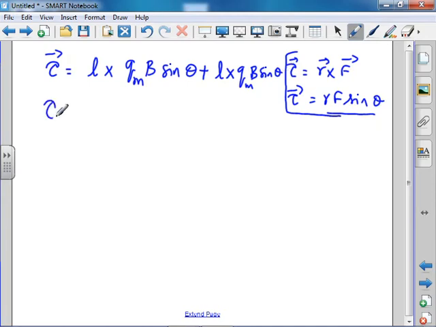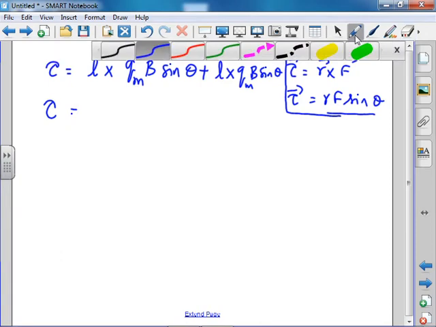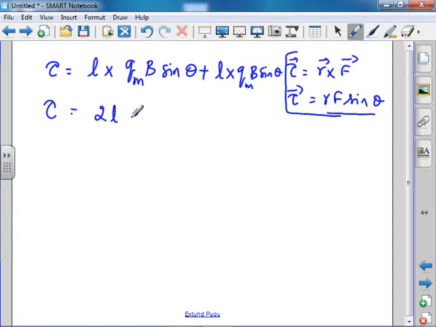Now what is torque? Tau, here you need not write in vector form. So tau is equal to, adding these two, we get 2L into QMB sin theta. Or tau is equal to, what is 2L into QM?